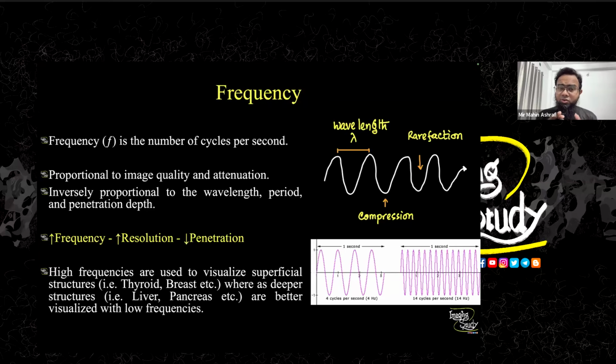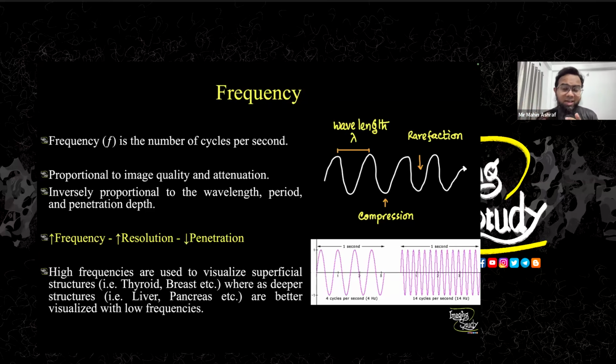That's why you can't see the deeper structures. So when you are trying to see the deeper structures, you obviously have to use the low frequency. That's why different organs need different frequencies to see. Usually we use high frequency to see the superficial structures like thyroid, breast, testes, skin, eyes, anything like that. And when you are going to the deeper structures like abdominal structures or obstetric structures, you should go for the low frequency.